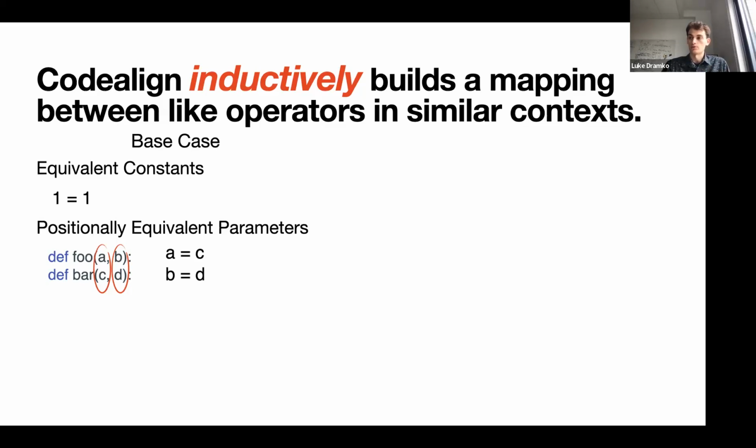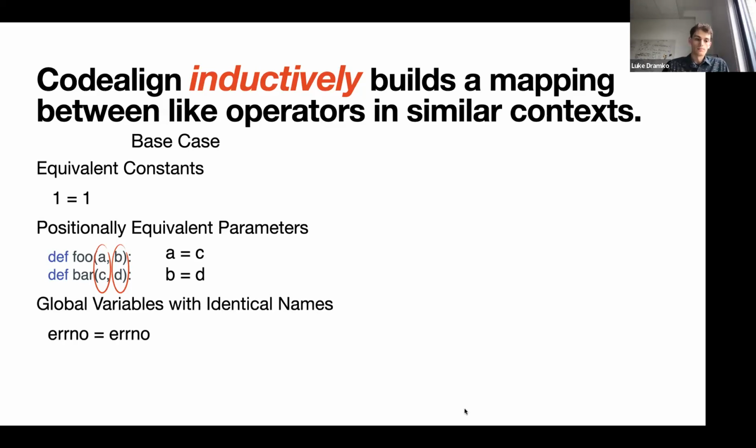We ignore the names of the parameters, so we ignore the author's intentions in what the parameters should be, and instead we consider what would happen if you pass the same values to the parameters positionally. Global variables with identical names are considered part of this base case. And then this one has a little bit of a subtlety to it, but basically functions with no arguments are also part of this base case.